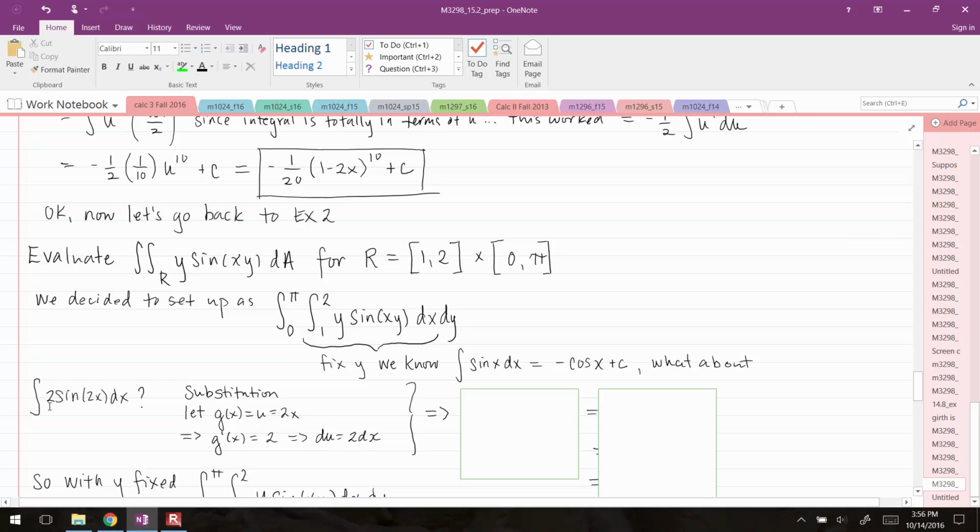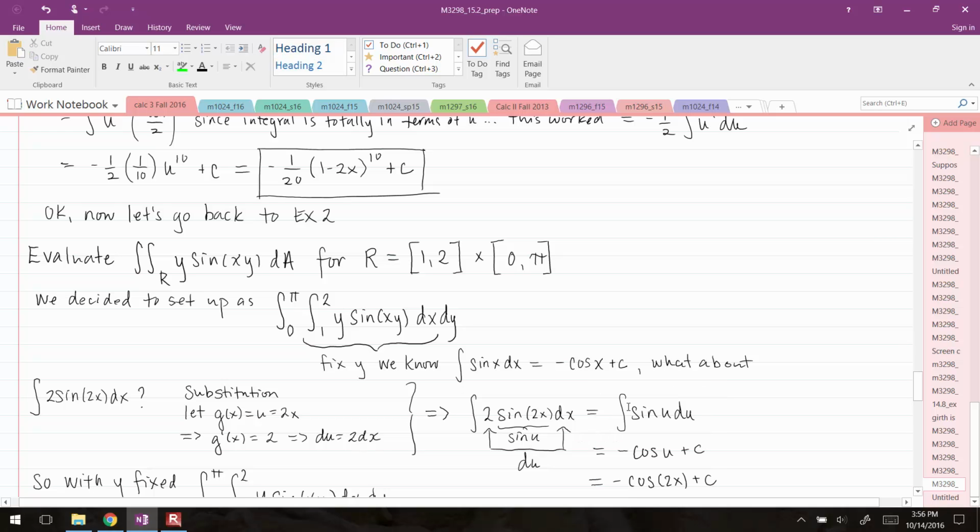So is the 2 hanging out there? Absolutely. That makes it easy in substitution land. So our du is 2 dx, and we can account for the composite function as sine u. We know how to find the integral of sine u with respect to u. It's negative cosine u, plug in u equals 2x.